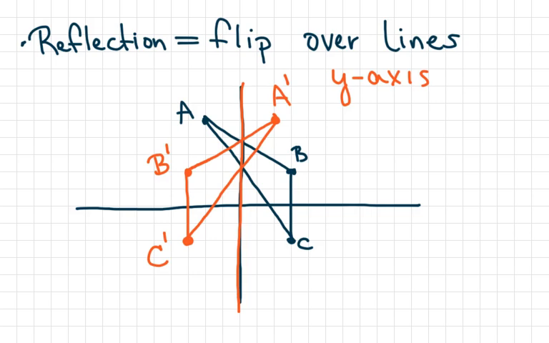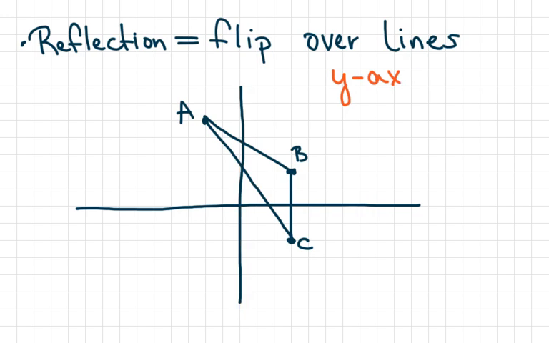Now let's take that same figure, and what I'm going to do is I'm going to erase all the red stuff, and now we're going to do a reflection over the x-axis. So I'm going to highlight the x-axis in green, and I'm going to see how far away each point is from the axis.